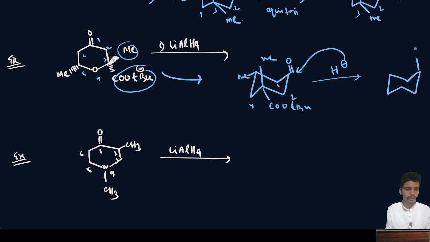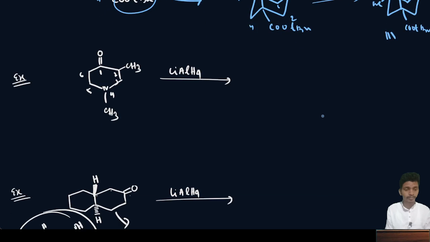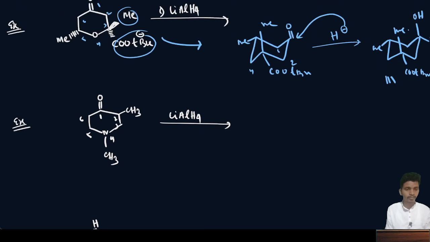So this O minus will go here. After hydrolysis it will get OH, and this is going to be H. This is, let's say, CO butyl, and this is going to be methyl, and here also methyl is there. So now convert this into the cyclohexane form.